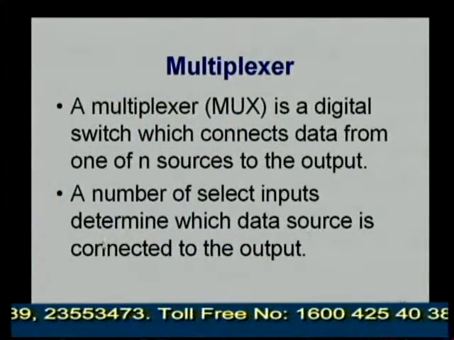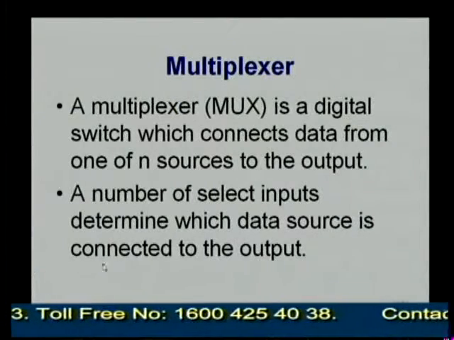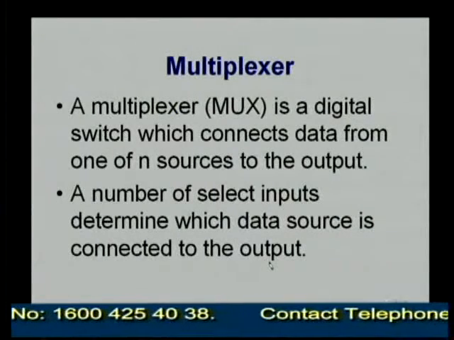Only one input from the available n inputs will be selected and connected to the output. For this we need to use selection lines. Based on the selection line input, which of the given inputs is to be connected to the output will be decided. A number of select inputs determine which data source is connected to the output.